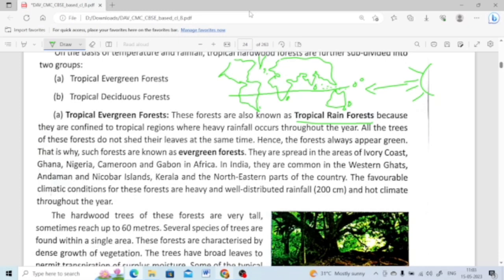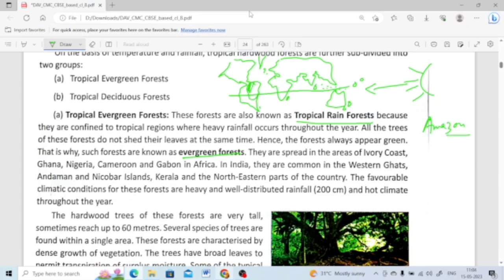Almost on an average more than 200 centimeter rainfall occurs throughout the year. So there's no such need of moisture retention. They are getting abundance of moisture. That's why the trees always remain green. Thus we call it evergreen forest, and the other name is rainforest. So Amazon is the great example of rainforest. We know where is Amazon.